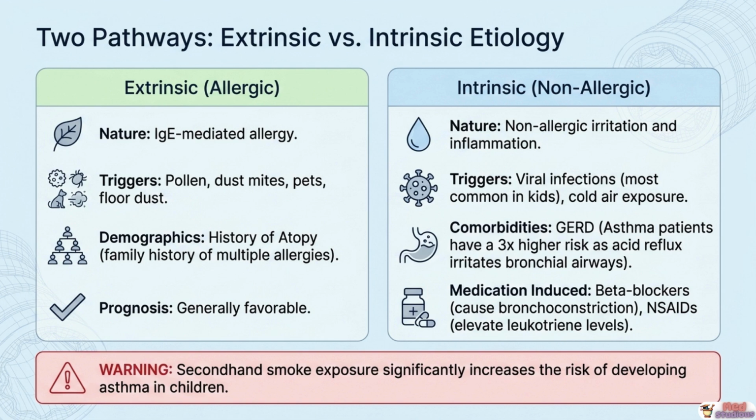Asthmatic patients carry a 3 times higher risk of acid reflux because acid physically irritates the bronchial mucosa. And critically, certain medications trigger intrinsic asthma, particularly beta blockers, which cause bronchoconstriction, and NSAIDs, which elevate leukotriene levels. Also, never underestimate secondhand smoke exposure as a risk factor, especially in pediatric patients.